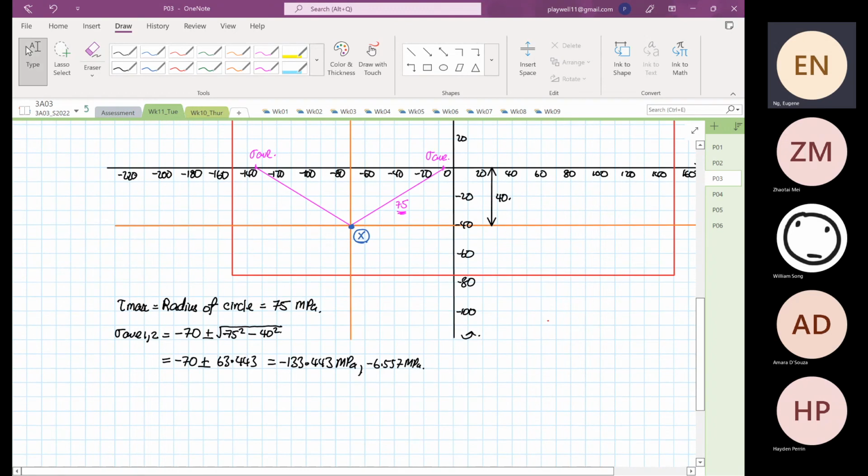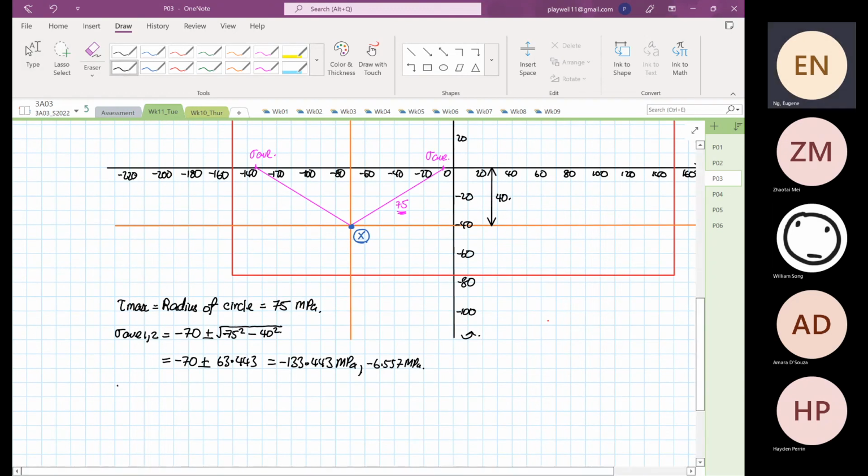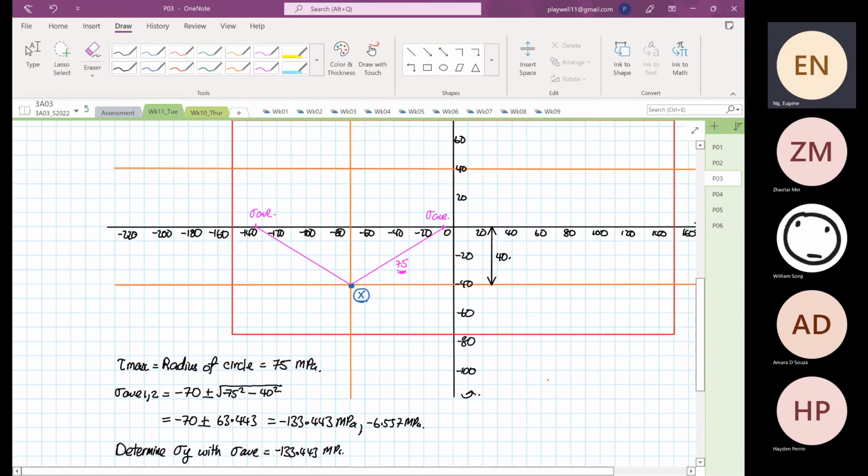So let's determine stress Y, with stress average equal to minus 133.443 megapascal. We plan to use this circle over here.